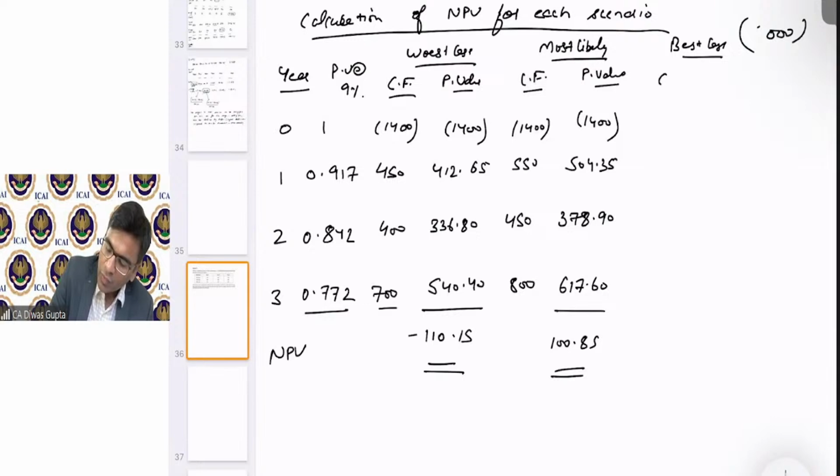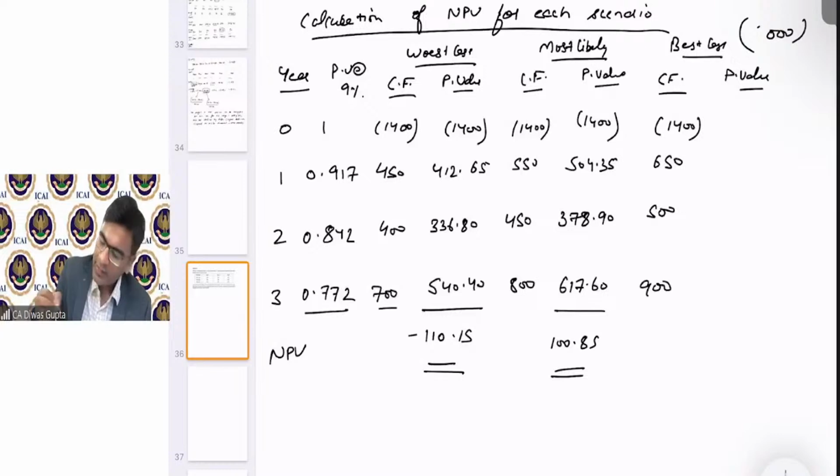Best case cash flow and present value. Both we will write. Cash flow for the first year remains same, 1400. Next year it is 650, 500, and 900. The present value becomes, for the year 0, it remains same, multiplied by 1, 1400. For 650, it becomes 596.05.